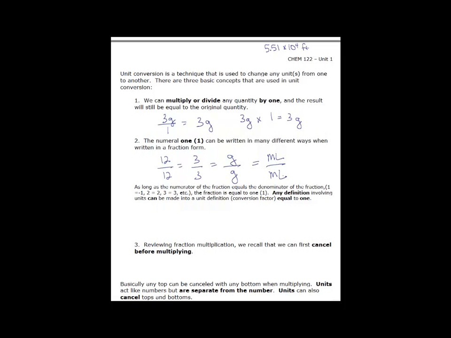And as long as the numerator of the fraction equals the denominator of the fraction, it is equal to 1. Any definition involving units can be made into a unit definition or conversion factor equal to 1. So, kind of like I did up here, milliliters over milliliters is 1. This is how we get units to cancel.